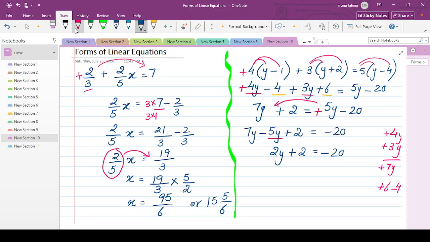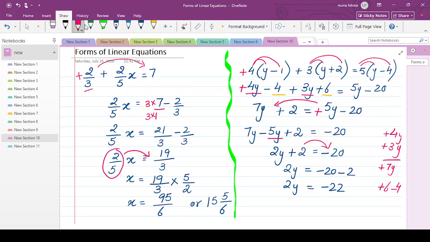Now, since we only want to keep the y term on this side, we have to switch this too. And whenever we change sides, we have to change the sign. So this becomes 2y is equal to minus 20 minus 2, which ends up as, since they're both negative, 20 negatives and 2 negatives, together they make 22 negatives. This is addition.